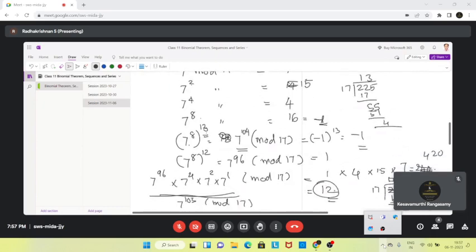So you can even calculate 7 power 1000 and 2000 and all using this approach, right? Once you have reached plus 1 or minus 1, then for any power, it's going to be simply 1 or minus 1. So that way you can do this.